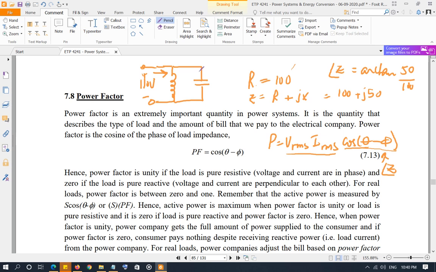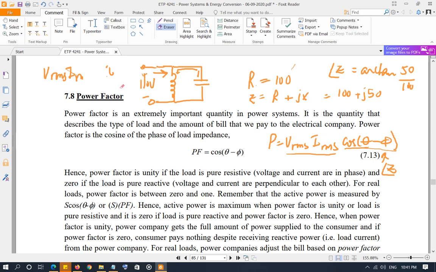Now once you add this capacitor, the capacitor will start supplying some of this reactive power. Remember earlier I mentioned that reactive power for capacitors is negative, and reactive power is what? Vrms Irms sine of theta minus phi. Let's clean this up real quick.